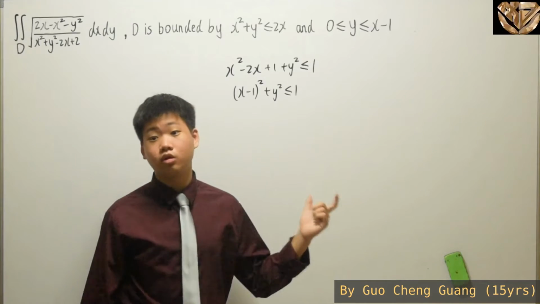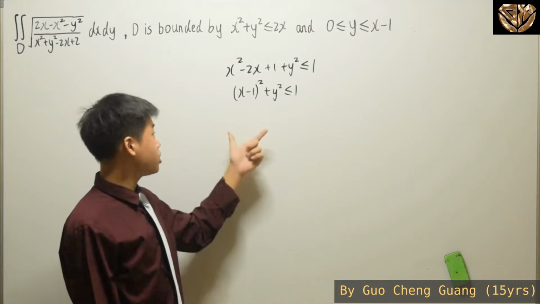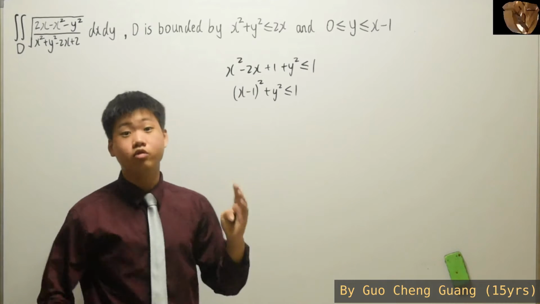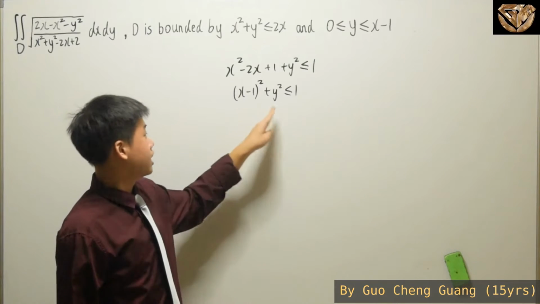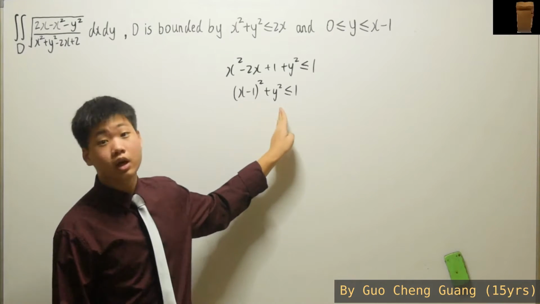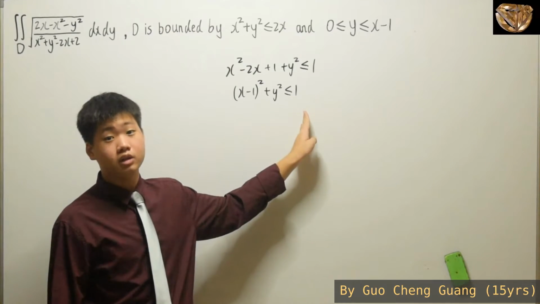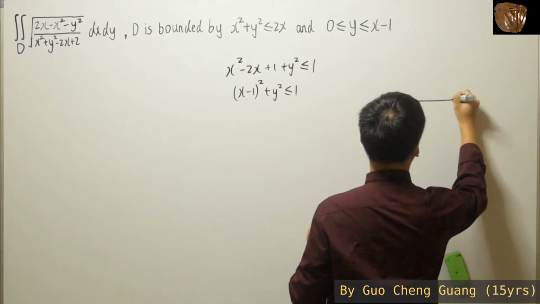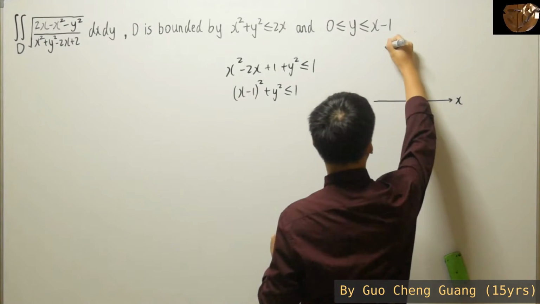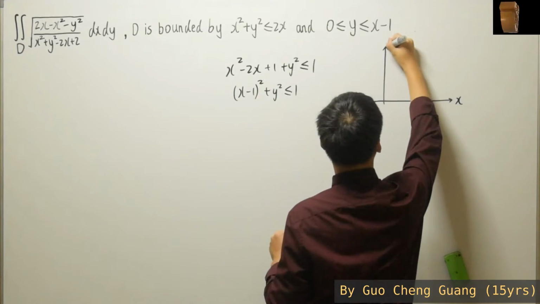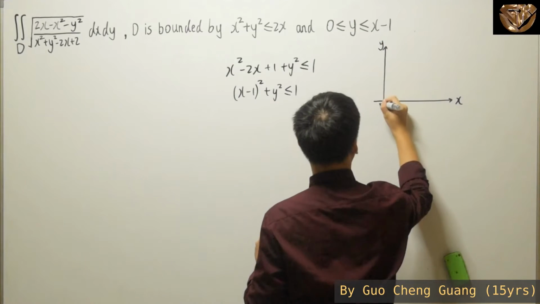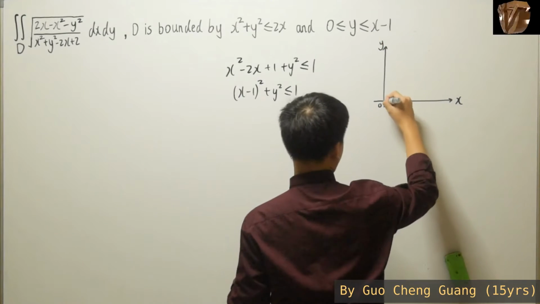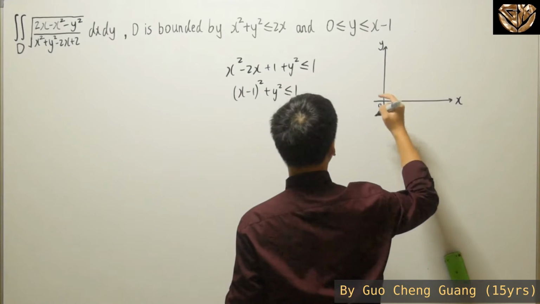Does this look familiar now? Most of you will probably be more familiar with this form, where your center is at (1, 0) and your radius is 1. So at first you have an entire circle over here.